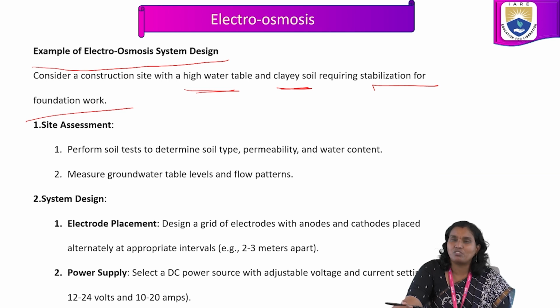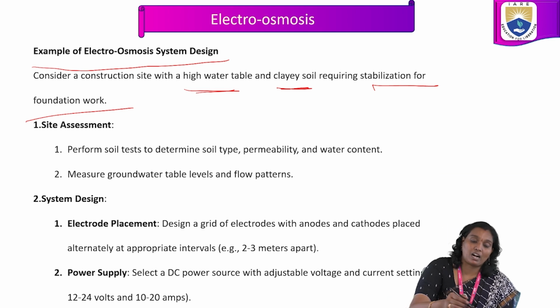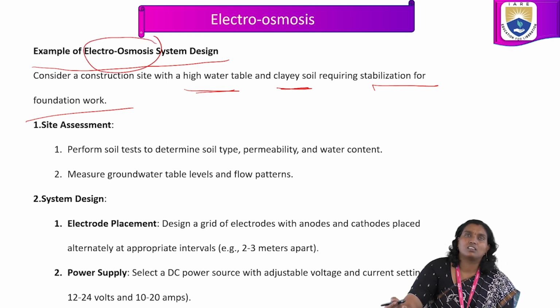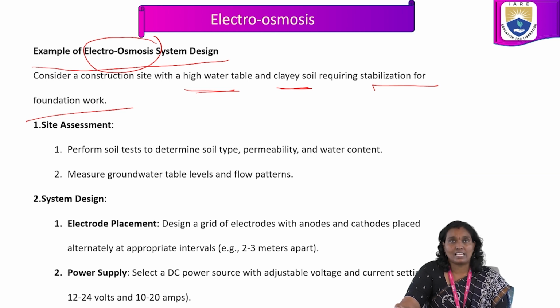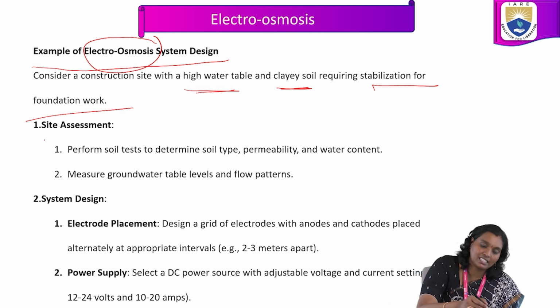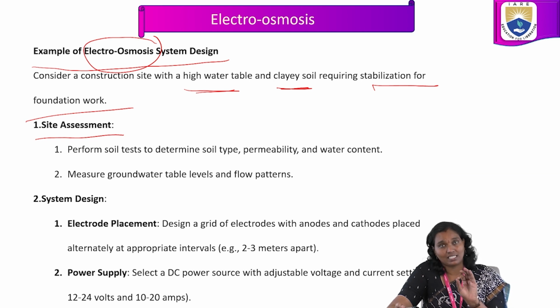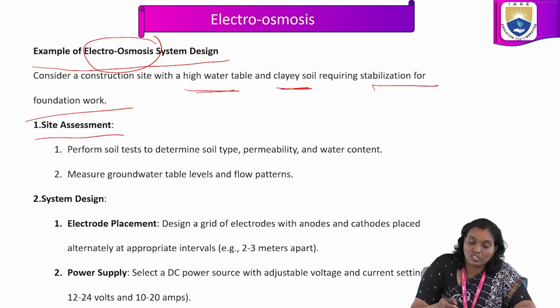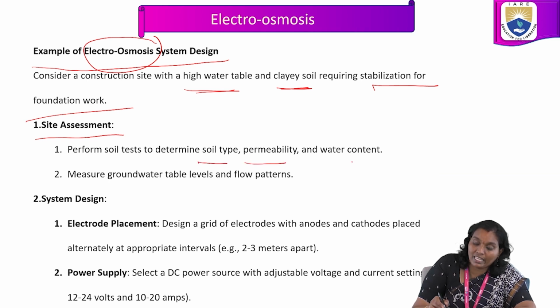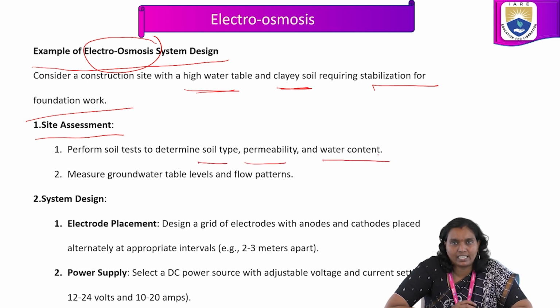What are the steps involved as part of electro osmosis system design? The first one is site assessment. Perform soil tests to determine soil type, permeability and water content.